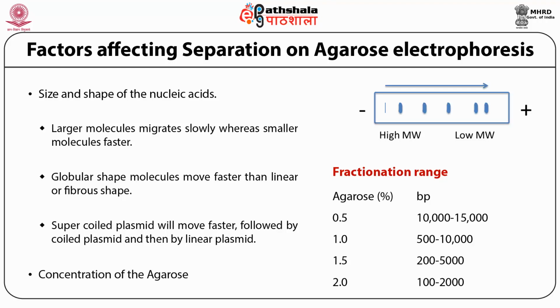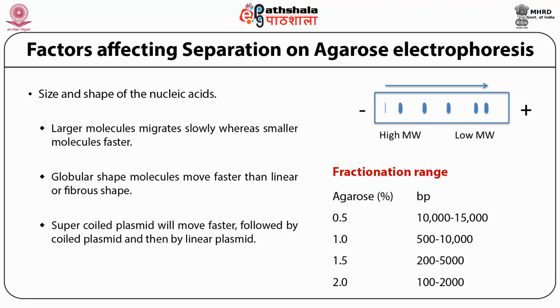Optimum concentration of agarose is required for separation of nucleic acids. The concentration of agarose depends on the size of DNA fragments which are to be separated. Molecular weight of nucleic acids is in general much larger than proteins. Size of protein is represented in terms of its molecular weight and denoted by Dalton or kilodalton.